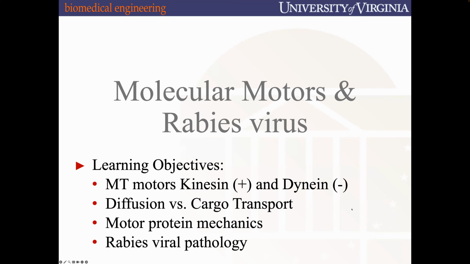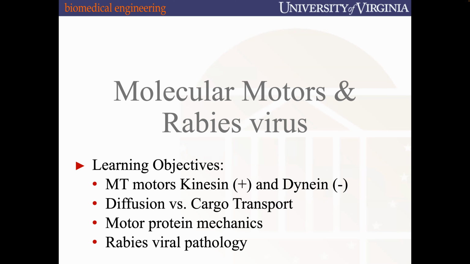So switching gears now, moving forward from the cytoskeleton, we're going to jump in on our lecture about molecular motors. Specifically today, the learning objectives are to talk about the molecular motors kinesin and dynein.